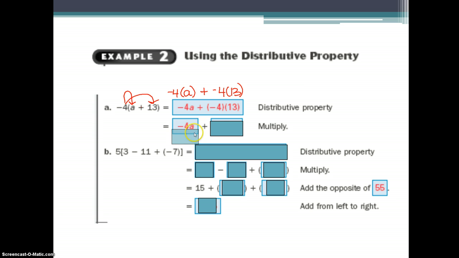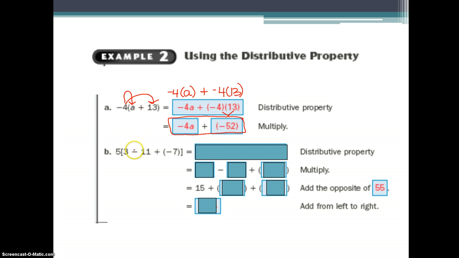Now, negative 4a you can't solve, but you can multiply 13 times negative 4, which is negative 52. This is your answer. You cannot add the negative 4a with the negative 52. This has an a, this does not have an a, so they're unlike or not like terms. So remember, you are not going to get a single number.